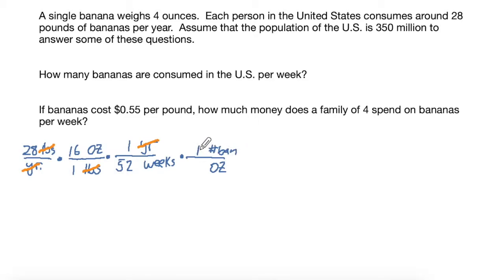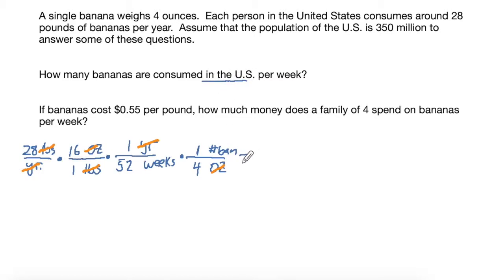So one banana weighs 4 ounces. Then the ounces are going to go away, and our units left are bananas per week. That's exactly what I want. I want how many bananas are consumed in the US per week.